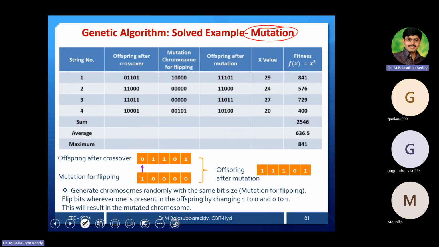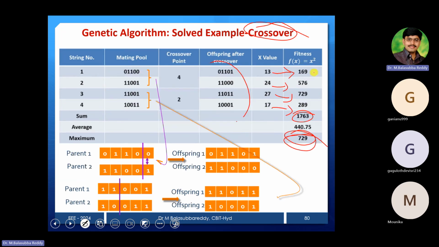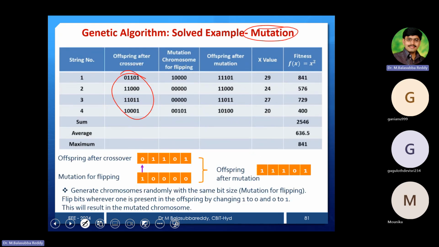So what will mutation do? Again, the offspring we have taken, because after crossover we got these. All of these we have taken as offspring. Now we'll go for mutation.